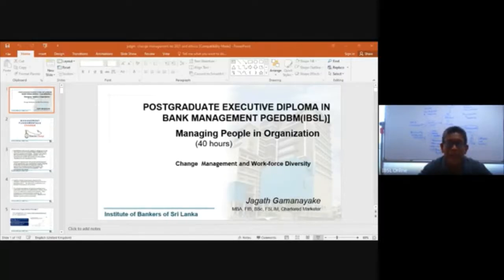Models for change management. Now there are numerous well-organized approaches or models from which to choose to effect change. There are a lot of models. Some of these approaches have been around for many years. Okay, now let me explain some of these models, right? Now, managing change, you can come up with some model.